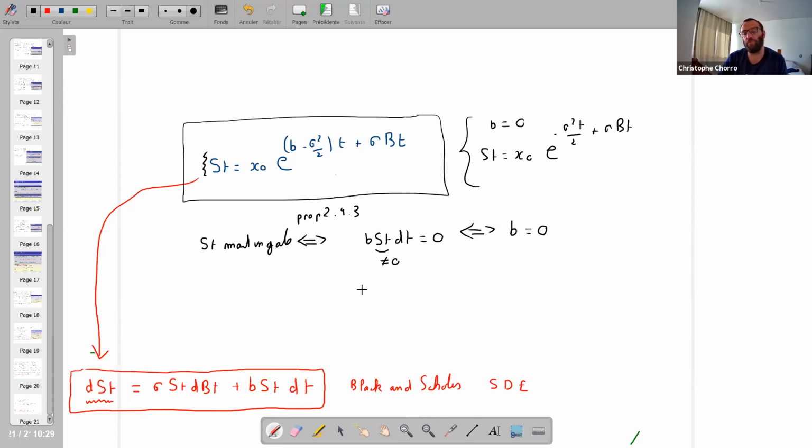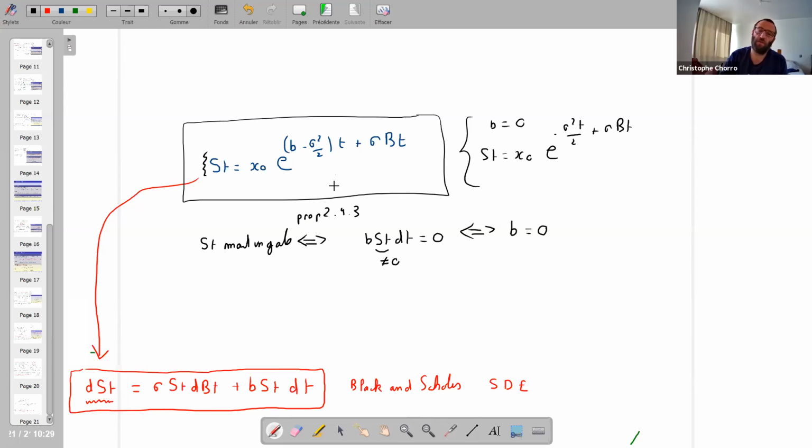So now, what we are going to prove: we have proved that the geometric Brownian motion fulfills this equation, and we are going to prove that the geometric Brownian motion is the only stochastic process that fulfills this equation. So we have proved the existence of a solution to this equation, given by the geometric Brownian motion.